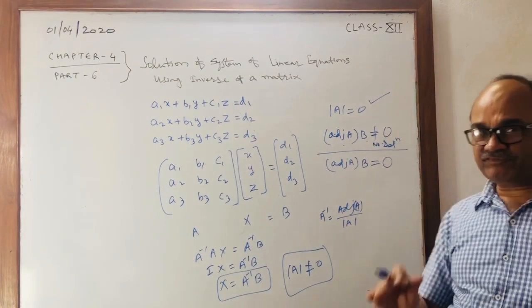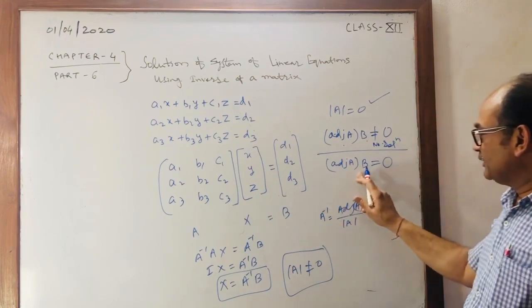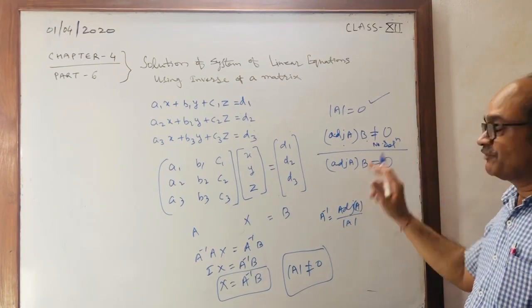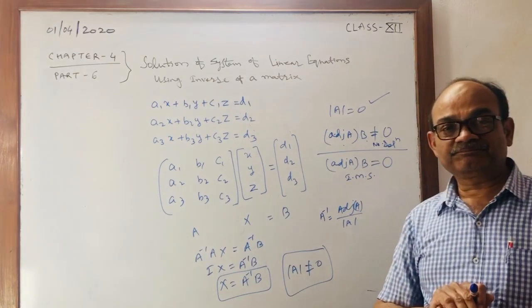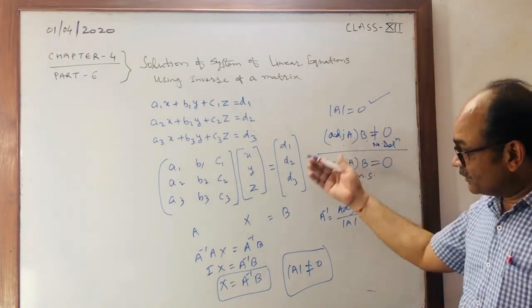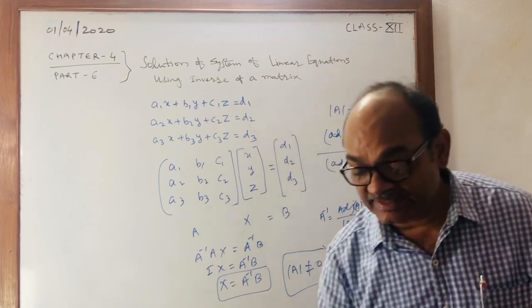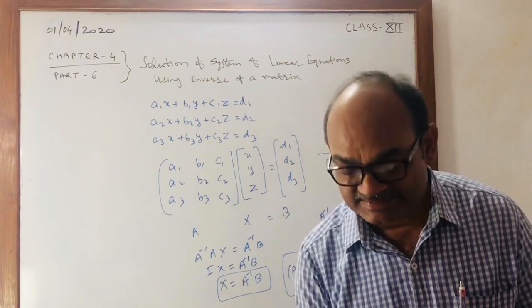Third case, if adjoint of A into B equals a null matrix, then infinitely many solutions. So now we test 1 or 2 questions of exercise 4.6.